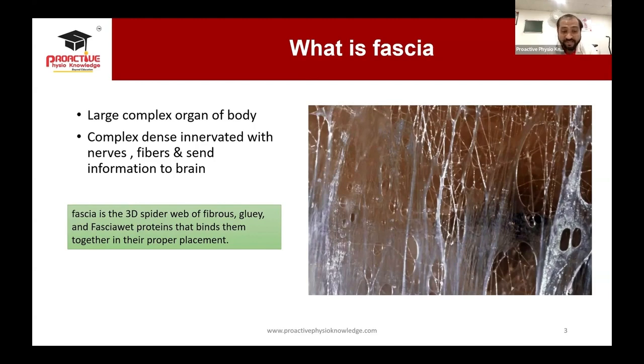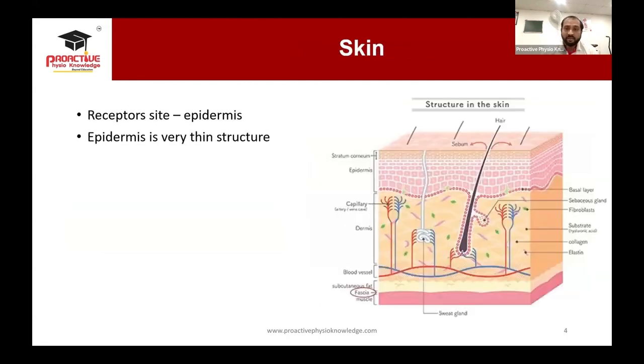The fascia is the 3D spider web of fibrous, gluey, wet proteins that binds them together in their proper placement. Fascia is like a covering over the muscles. And above the fascia, there is the skin, which is a specific layer.